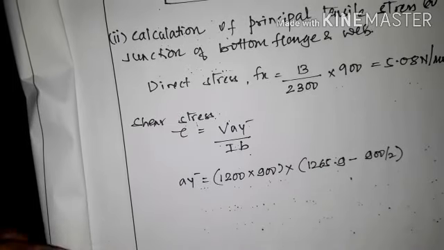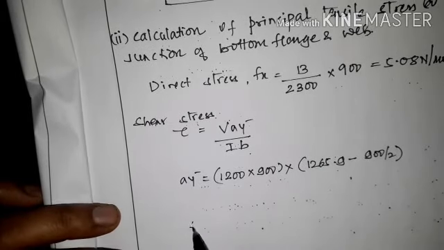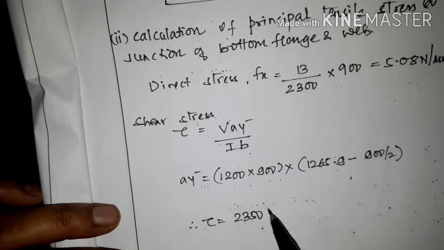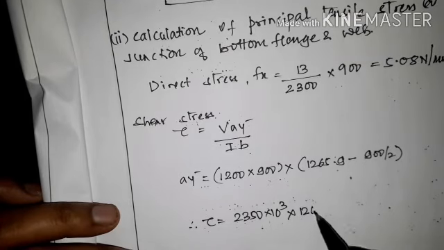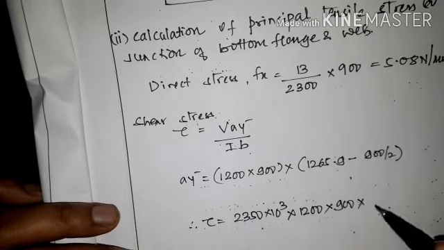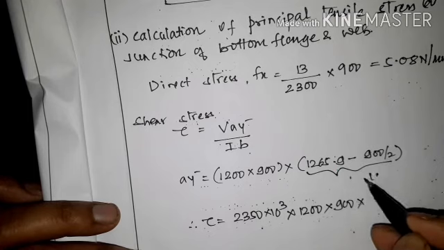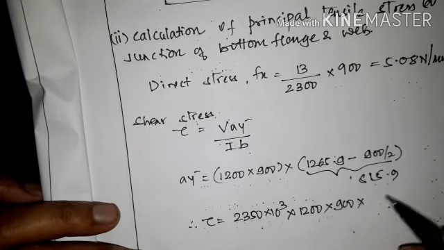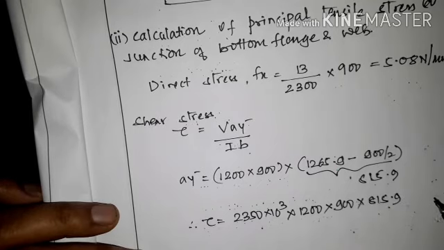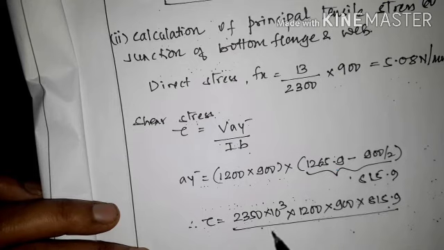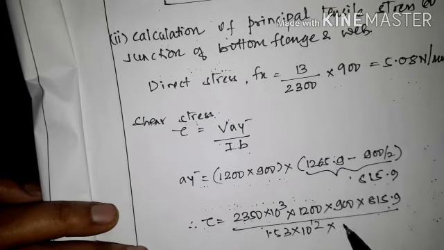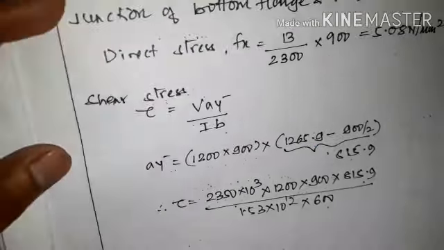So we'll substitute here. Tau is V, 2350, into 10 raised to minus 3, into A y bar, that is 1200 into 900 into 815.9, upon I B. I is 1.53 into 10 raised to 12, into B, again 600, because the web is connected with the flange.